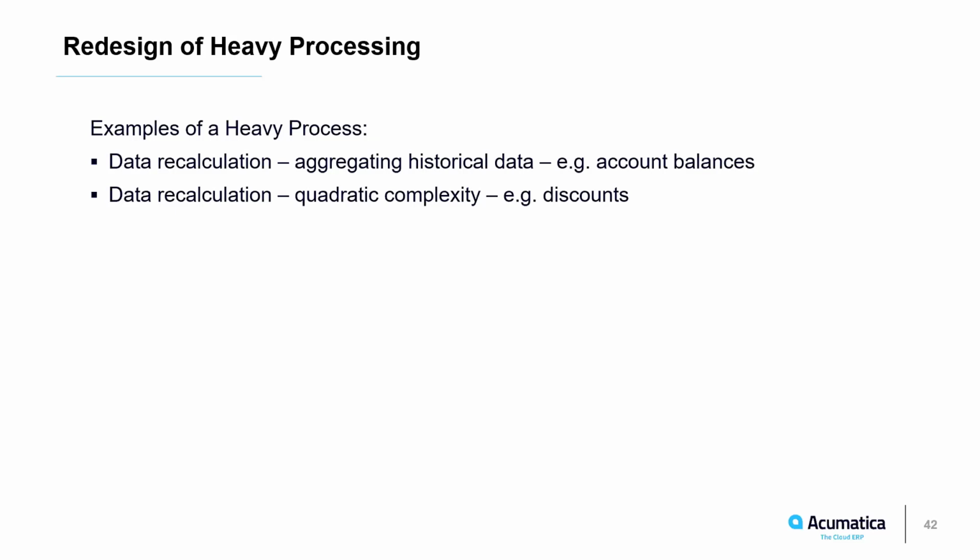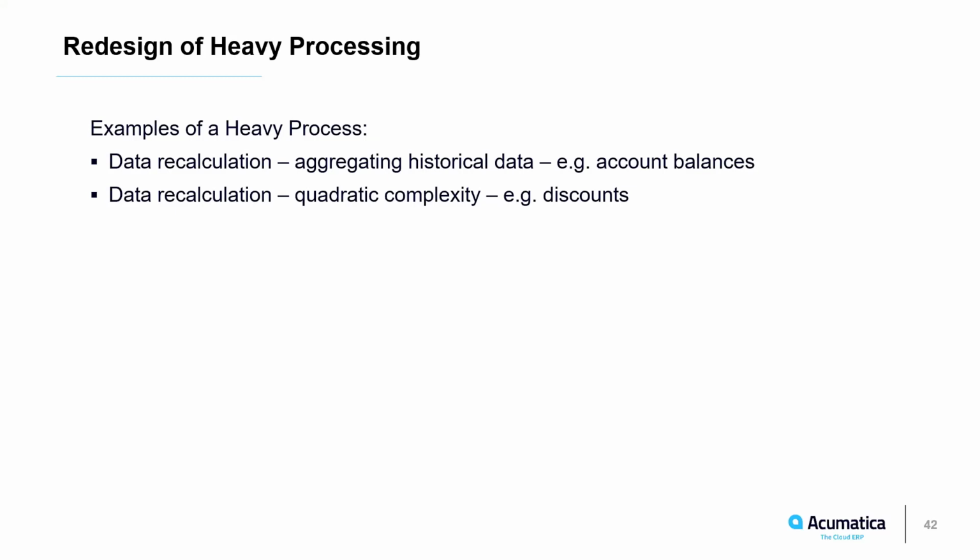So the more lines you have, the more times it will go through all the lines and it will recalculate discounts every time. So it ends up being quadratic complexity, and on big amounts of lines, it will slow down the system significantly.